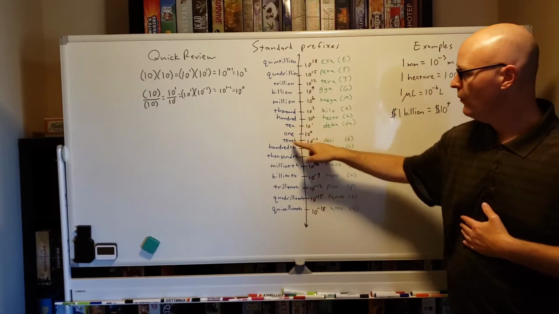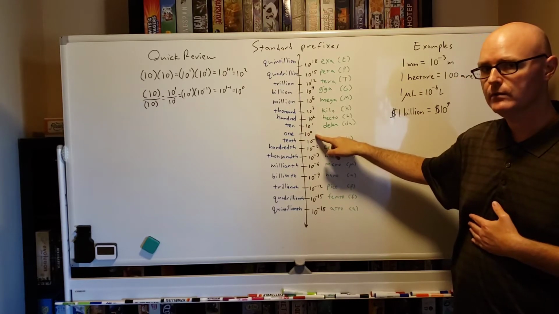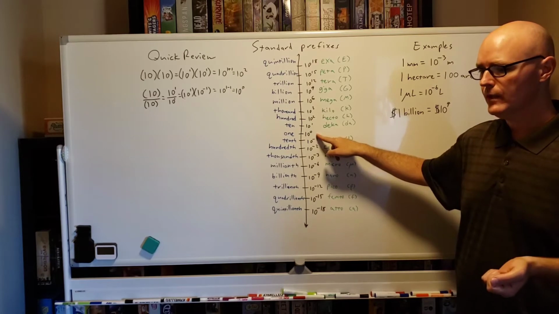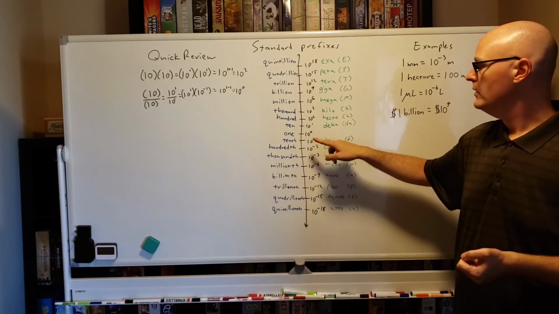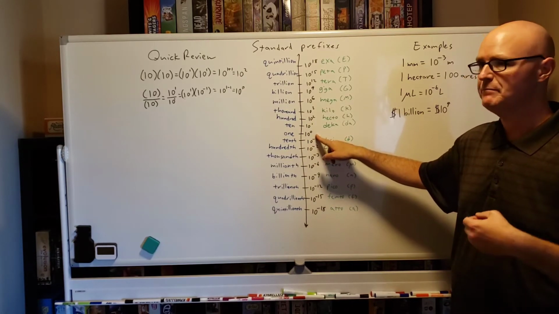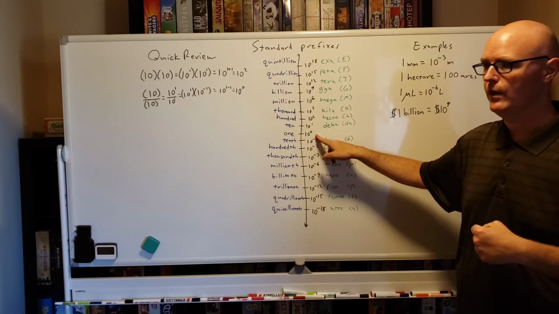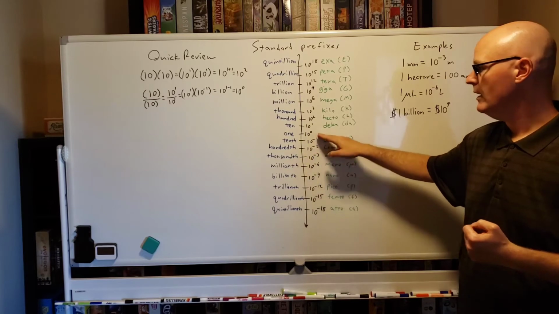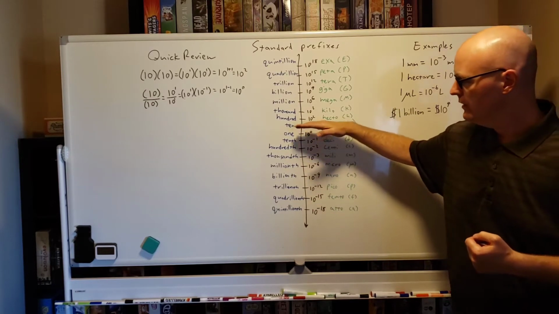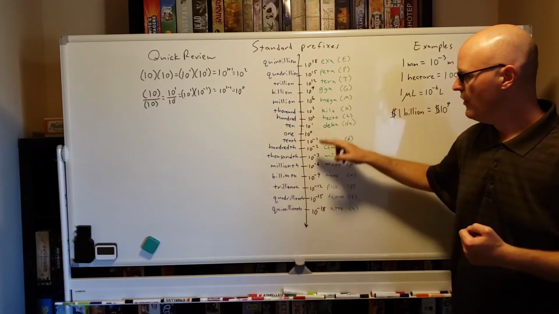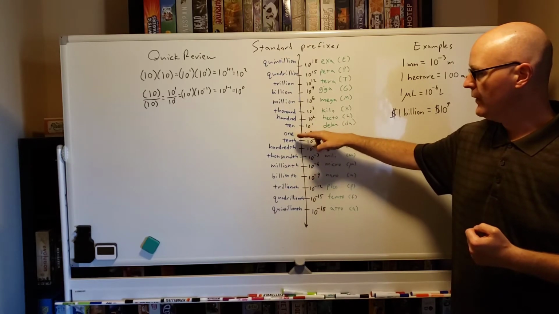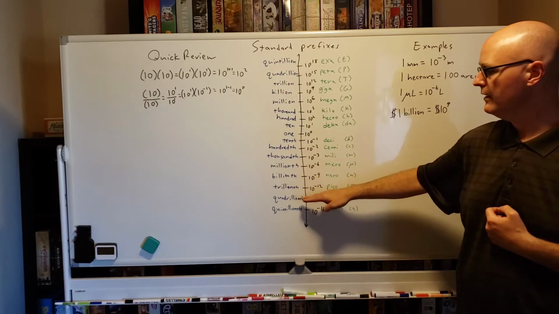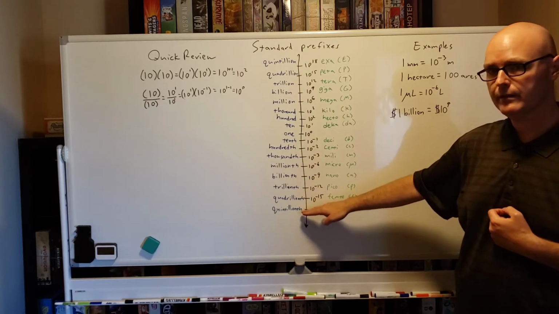Starting at 1, 10 to the 0 is 1. This will not have a prefix. So this would be like meters or grams, that kind of thing. If I go smaller than 1, I go through tenth, hundredth, thousandth, millionth, billionth, trillionth, quadrillionth, and quintillionth.